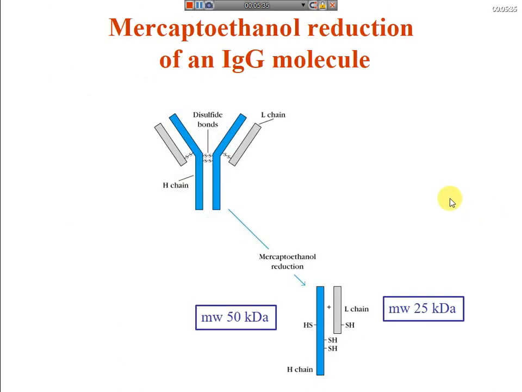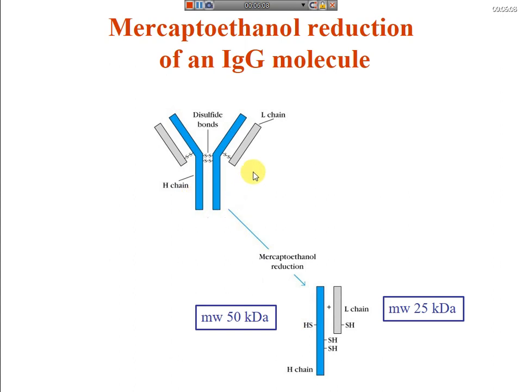Now, what will happen if you treat these antibody molecules with a reducing agent like mercaptoethanol? You know, reducing agents are known to reduce disulfide bonds, and the thiol group is restored again. So when you treat the IgG molecule with mercaptoethanol, the interchain disulfide bonds will break open and be converted into SH groups.